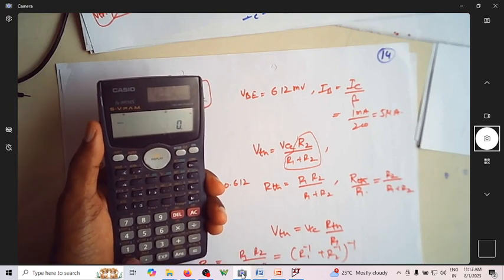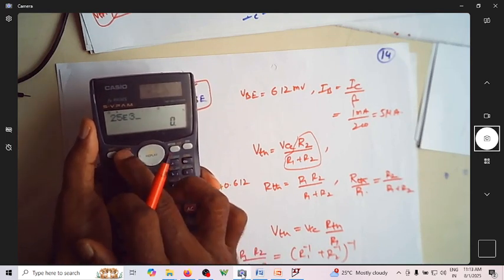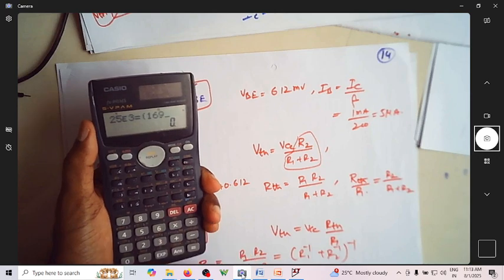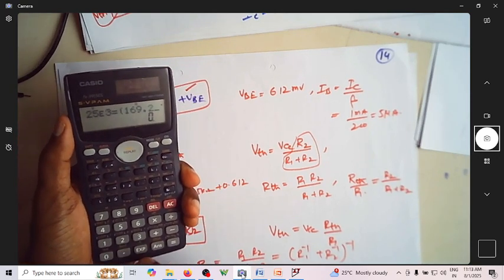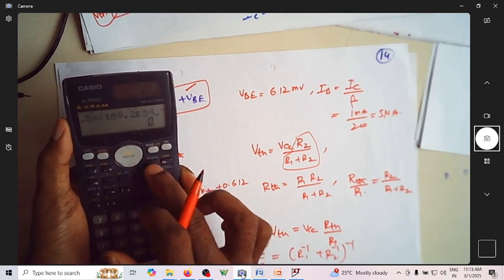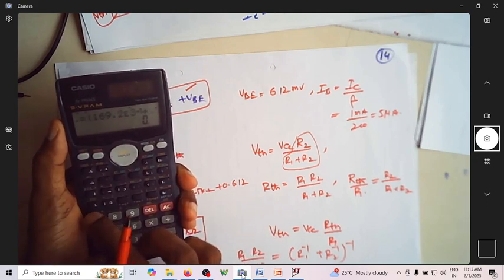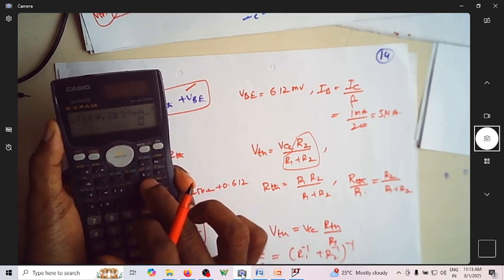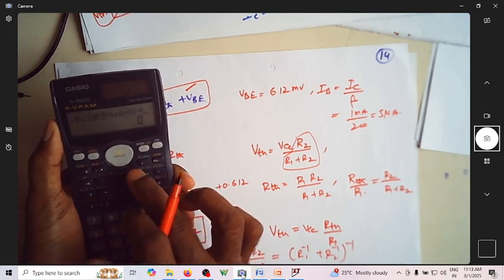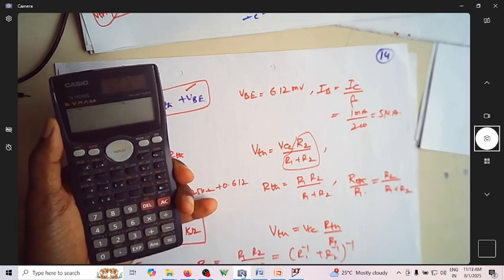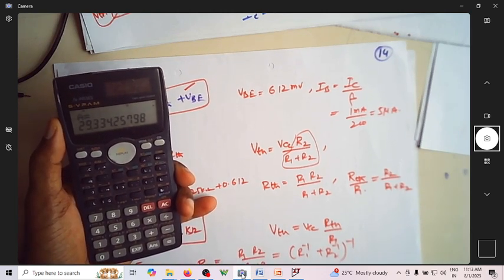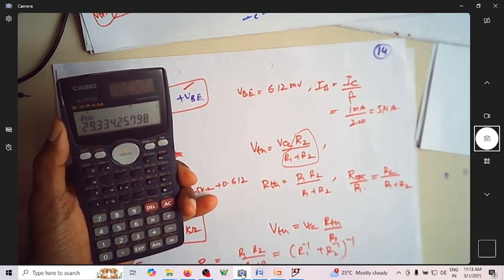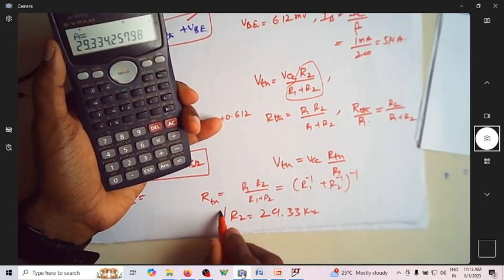So 25 exponential of 3 alpha equals open the parenthesis, 169.2 exponential of 3 inverse plus alpha a inverse, close whole inverse. Shift cal. R2 is coming out to be 29.33 kilo ohm.